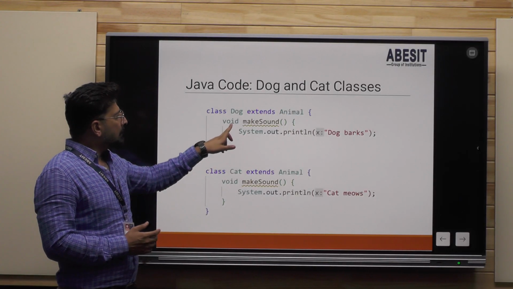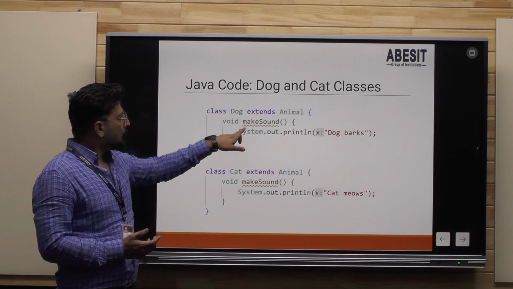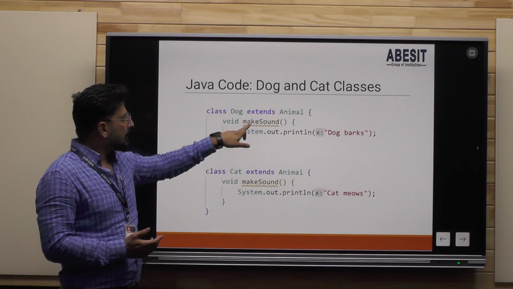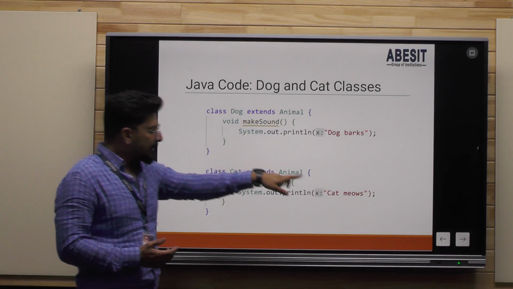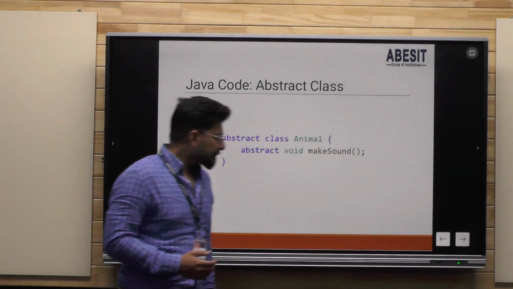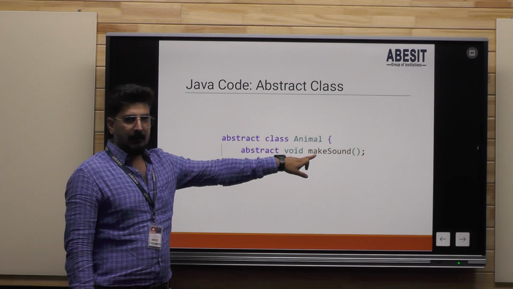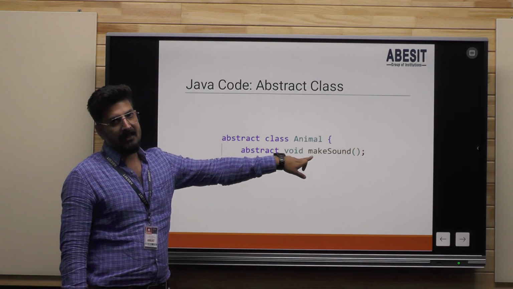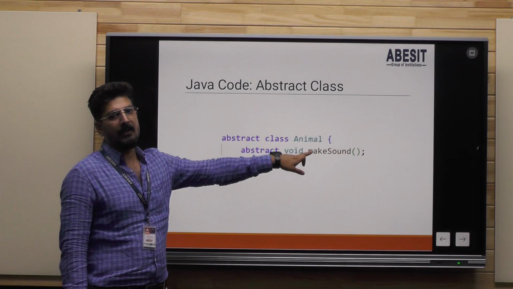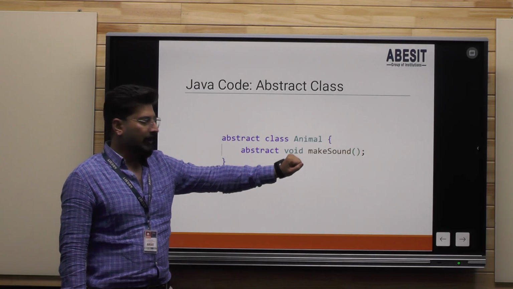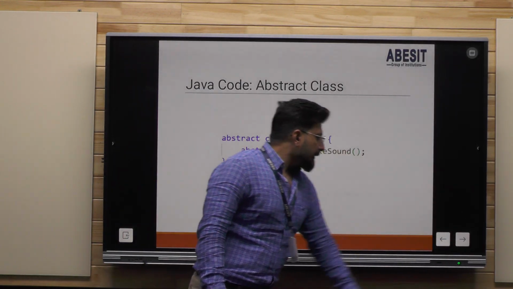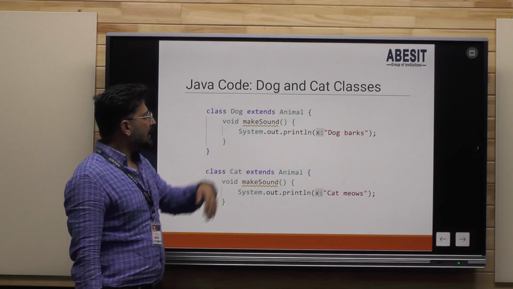Now it is time to define that method. As you can see in the previous slide, we only had the abstract method makeSound. We did not define the functionality of that method. Now it's time to define the functionality of makeSound.